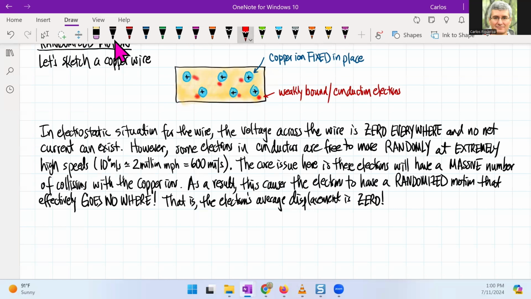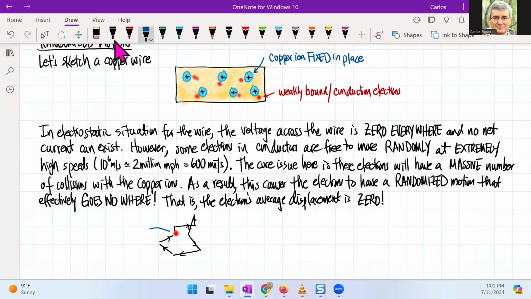So you could imagine that here's my electron right here. Now what happens is that you know that there are a bunch of copper ions. So maybe it comes up, it collides with one, then it shoots this way, it collides with another one, it comes up here, it collides with another one, and you could just see here that I'm going to get some zigzag motion that's just moving around. But the bottom line here is that the electron effectively ends up in the same place.